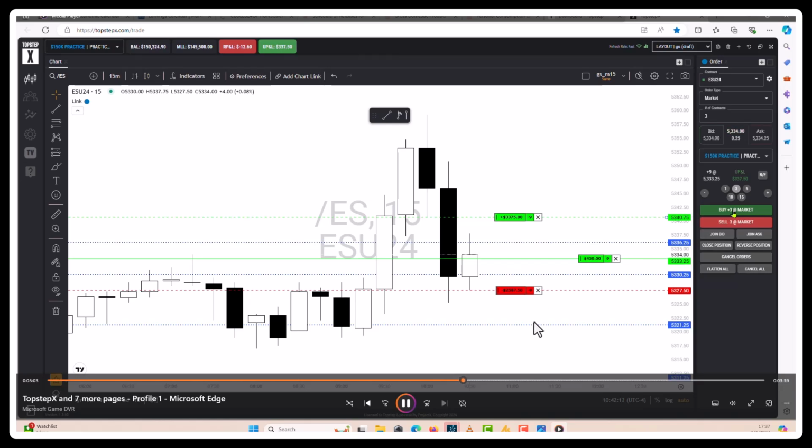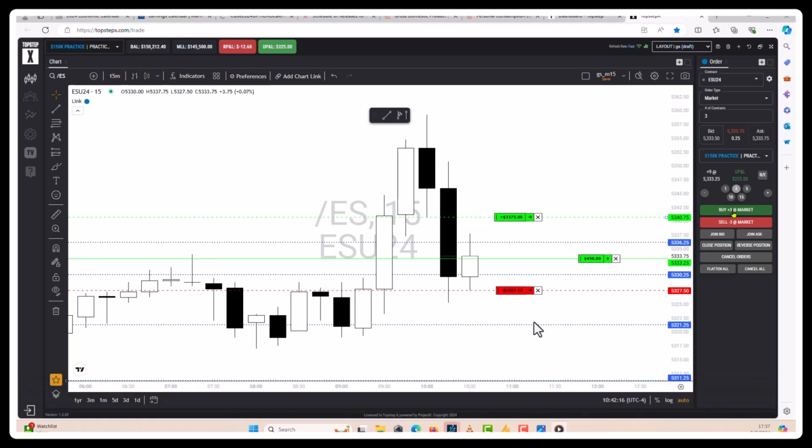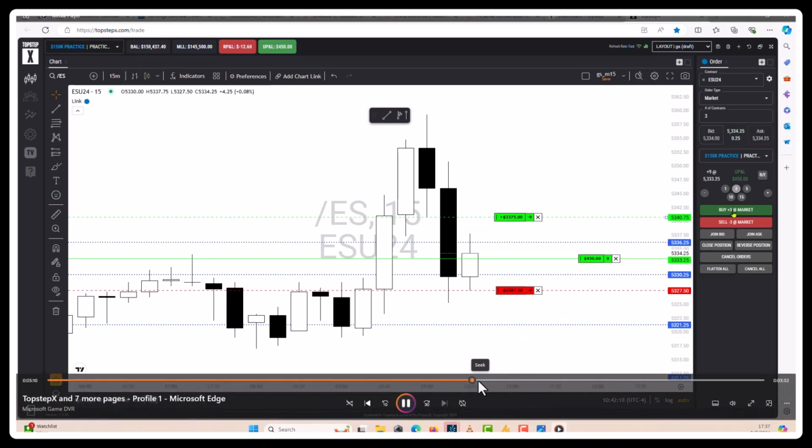Shift. Let's move forward a little bit. And it's about 3 more minutes before that candle closes.